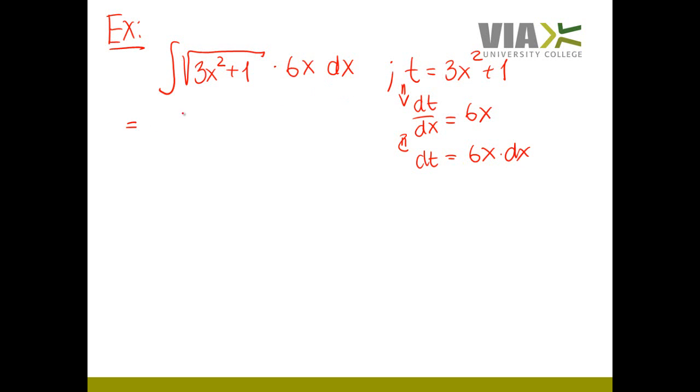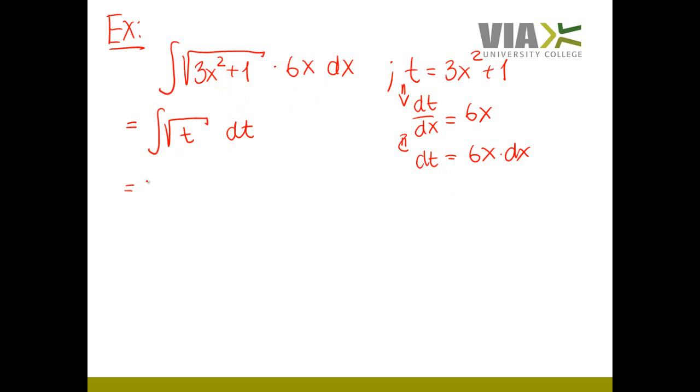So therefore, if we substitute t to be equal to 3x squared plus 1, we get the square root of t times 6x dx, which is exactly equal to dt. So by using the method of substitution, this quite complex assignment to start with ends up as a much easier assignment to approach.